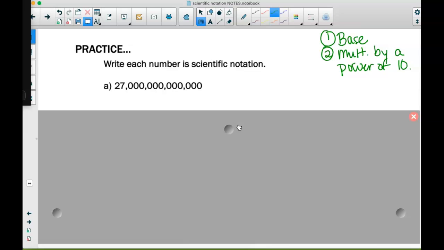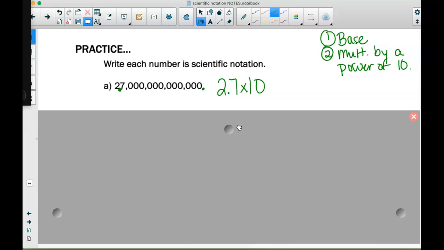Okay. Now remember, the base has to be between 1 and 10. So right now the decimal is back here. Where should I put the decimal so that we have a number between 1 and 10? Where should I move it to? After the 2. Right, after the 2. So we're going to move the decimal right here. So it's going to be 2.7 times 10 to some power.